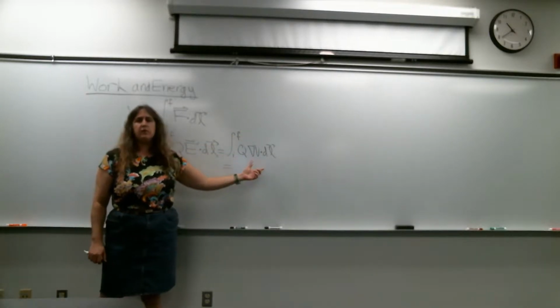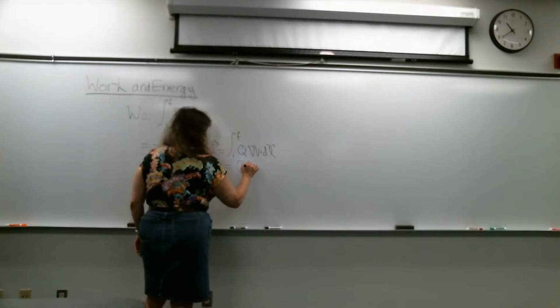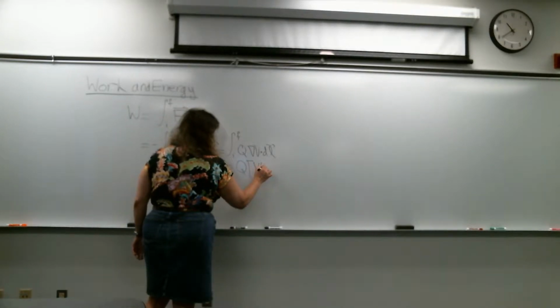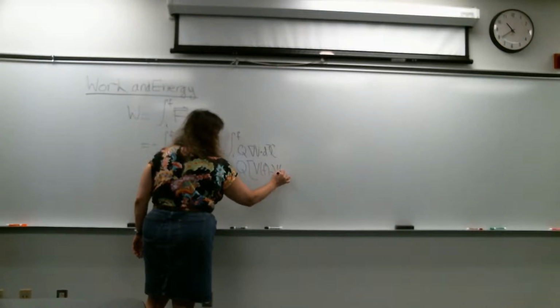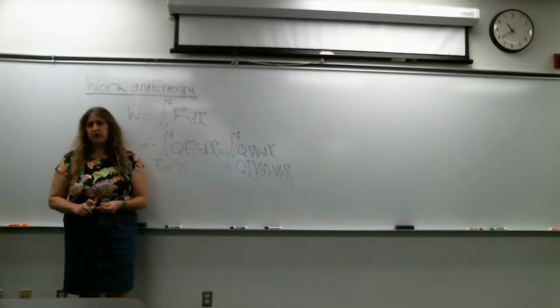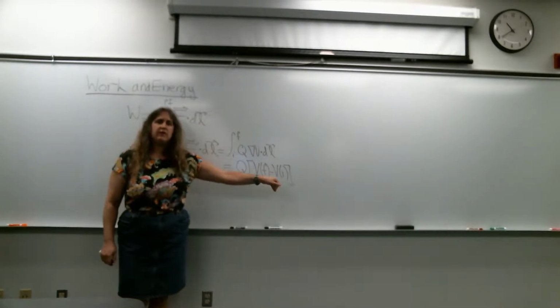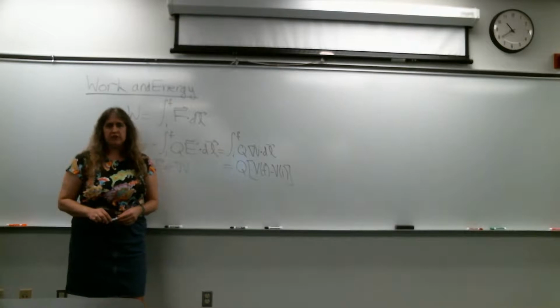And using the fundamental theorem of gradients, this just becomes Q times the change in potential. The potential evaluated at the final position minus the potential evaluated at the initial position.